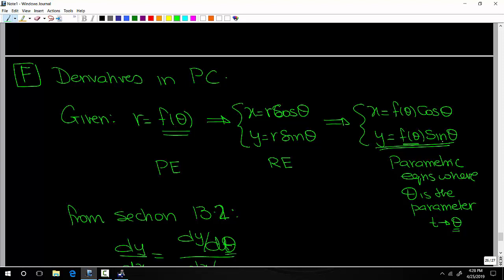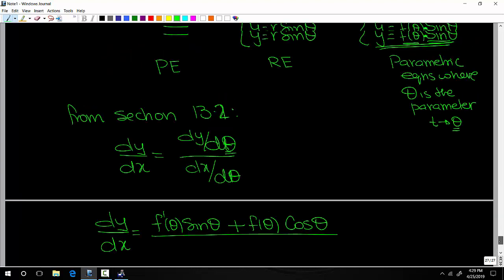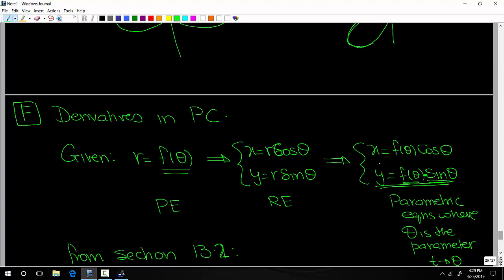So take the derivative of this with respect to theta. This is a function of theta, this is a function of theta, so we'll have to use product rule. So you get f prime of theta times sine theta, the derivative of the first times the second, plus the first times the derivative of sine, which is cosine theta. Do the same thing. We're going to divide it by the derivative of x with respect to theta. Here is x.